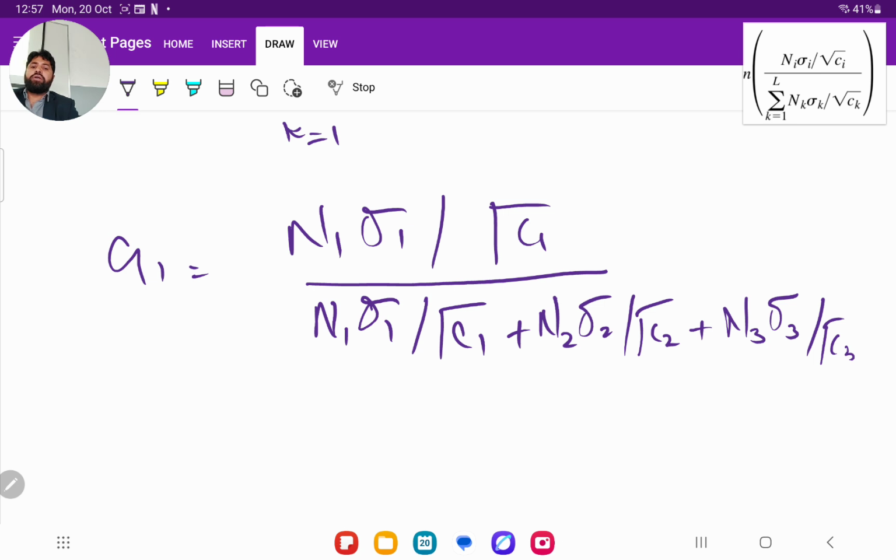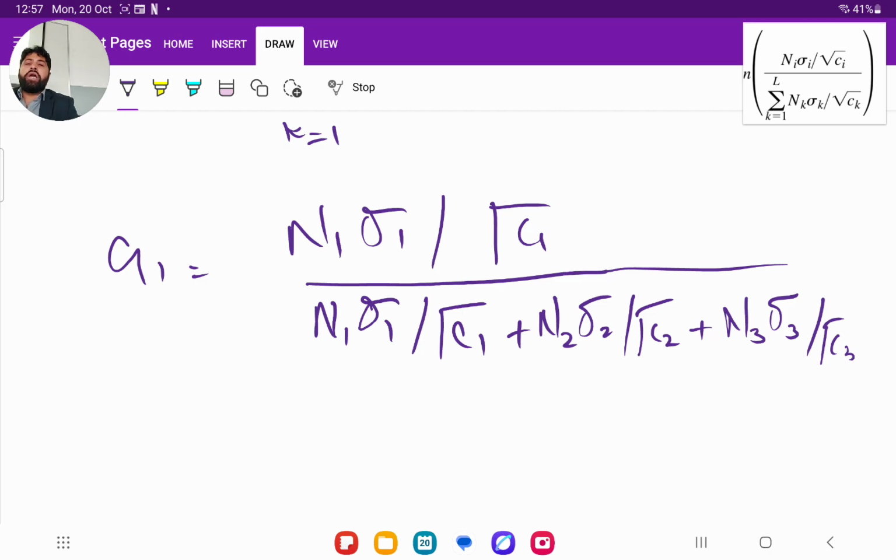So that's how you will be expanding, and this denominator will remain the same for each of the allocations. You will keep on changing the numerator, and you will have all the allocations ready.